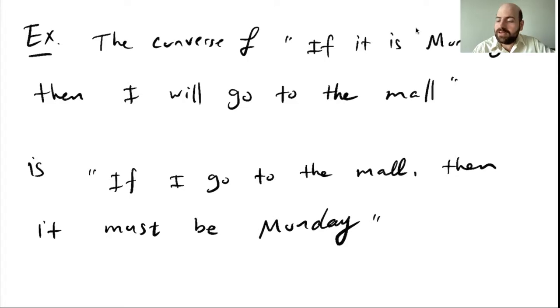Now, converse is Q implies P. So it will be, if I go to the mall, then it must be Monday. So let's assume the first statement is true. If it's Monday, then I go to the mall. So I have a schedule that always on Mondays, I go to the mall. Let's assume this is true. Can I say that the second statement is also true?